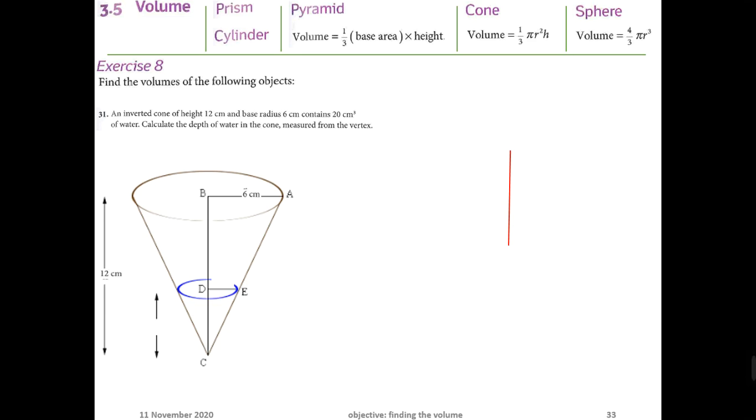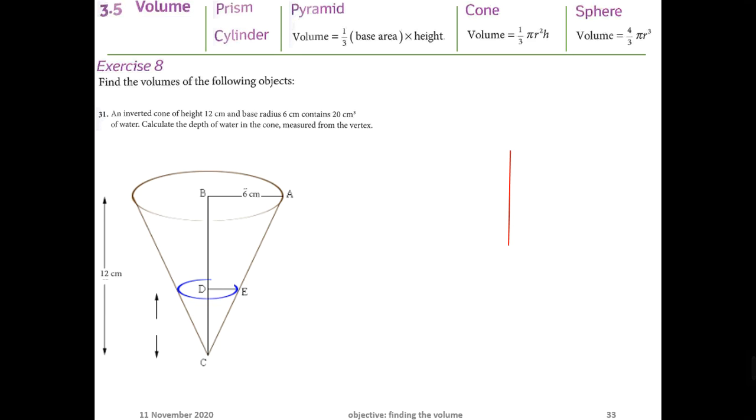So the radius, which is the distance from the center of the circular base of the cone to the circumference, is actually equal to 6 centimeters. It contains 20 centimeter cubic of water. Calculate the depth of water.